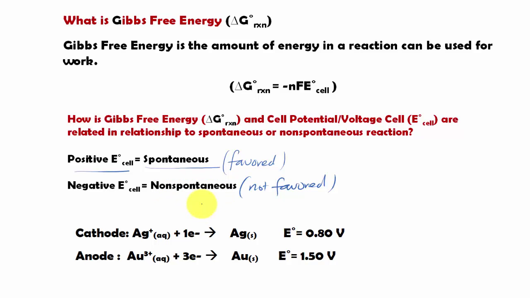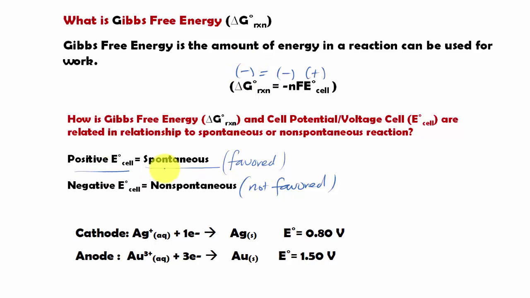But in this case, we are going to learn how to look at E to determine the sign for delta G. Let's look at the negative sign right here in front of the equation. If E cell is positive for spontaneous, we have a positive times a negative that will give us a negative.